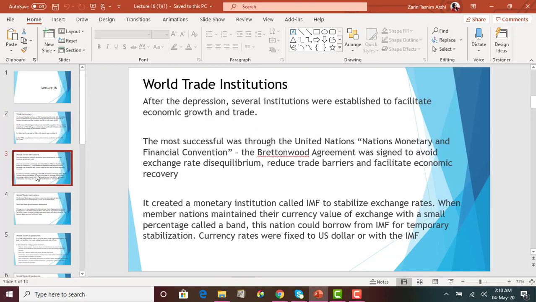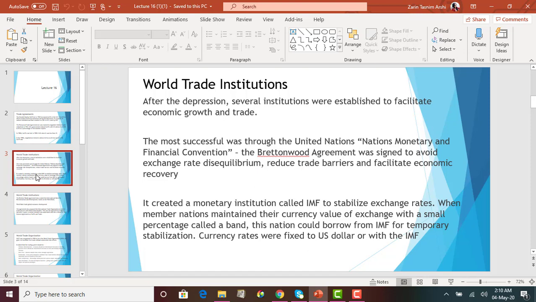Okay, then right after the depression, several institutions were established to facilitate economic growth and trade. The most successful institution was created by the United Nations, called the Nations Monetary and Financial Conventions, through the Bretton Woods Agreement.